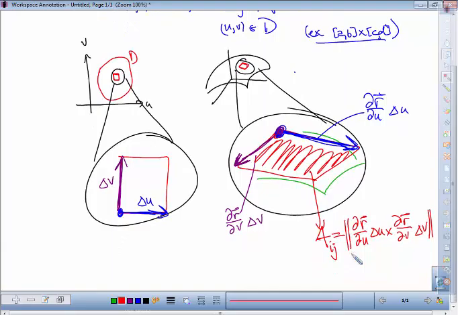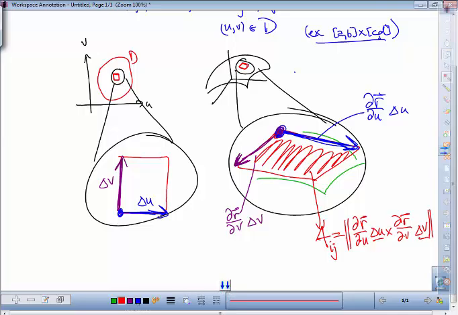Okay, so delta u and delta v can be seen as scalars, and the actual vector is just the dr/du, dr/dv. So we could take the delta u, delta v's outside of this magnitude, and so that just becomes the differential.